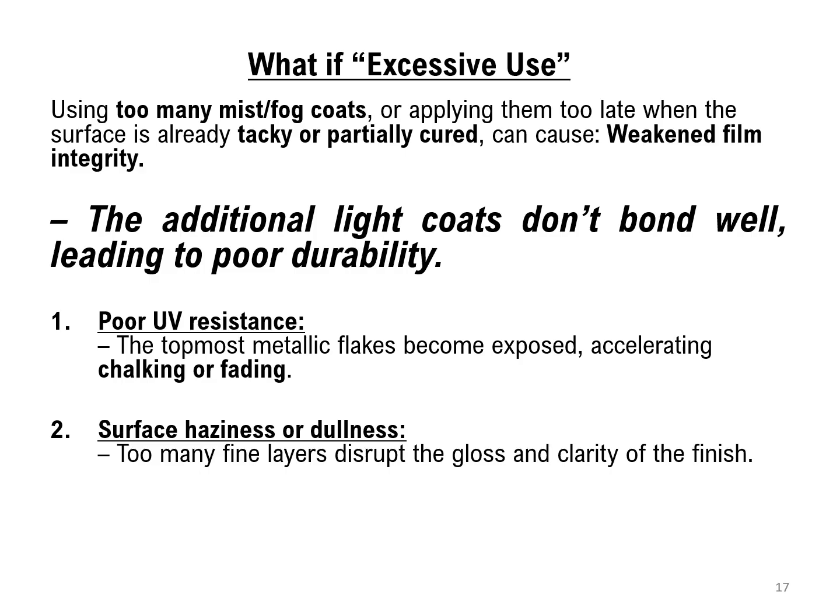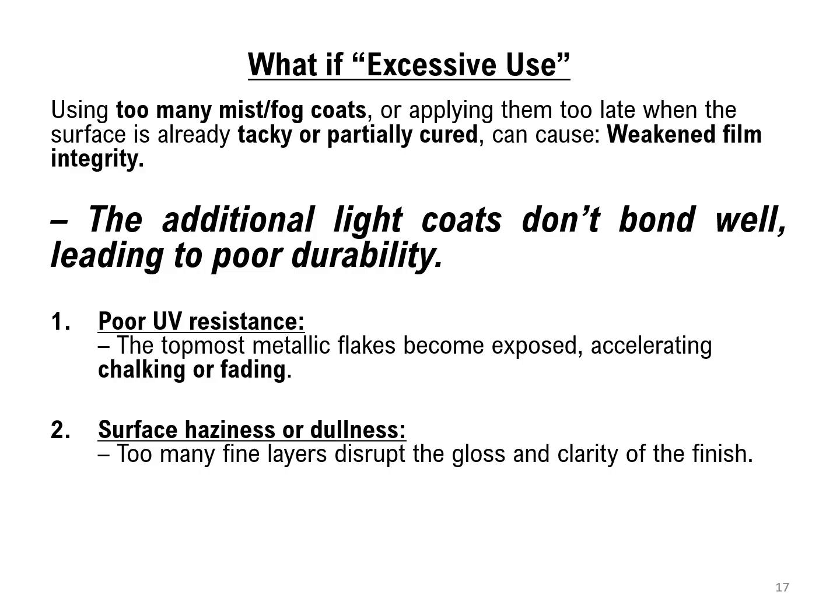What if there is excessive use of the mist coat? Using too many mist coats or applying them too late when the surface is already partially cured can cause weakened film integrity. The additional light coats don't bind well, leading to poor durability, resulting in poor UV resistance and surface haziness or dullness.